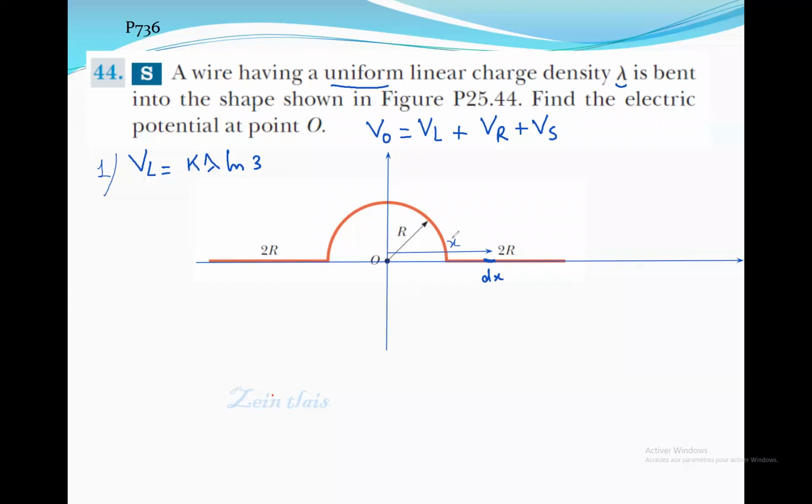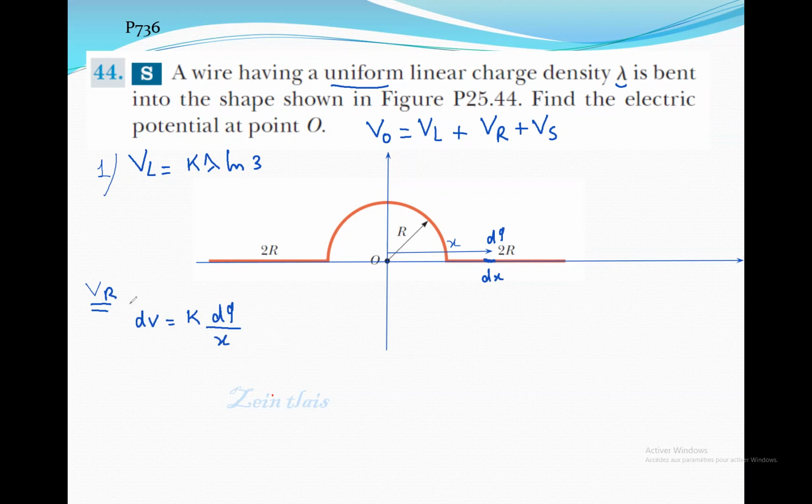Here we have x. Now I want to calculate V right. dV is created by dq at the origin equals to k dq divided by the distance between dq and the origin, equals to x.